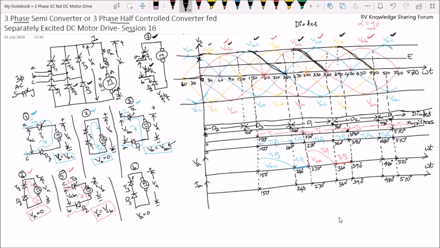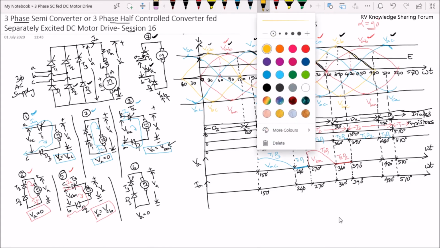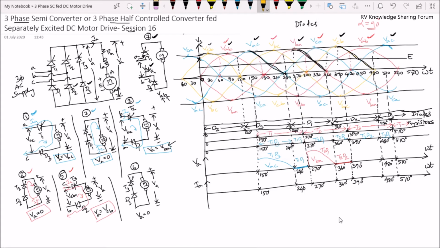Let us draw this separately in our output in yellow color. From 390 degrees to 480 degrees, this is our output voltage VCB, where the thyristor T3 and the diode D2 are conducting.